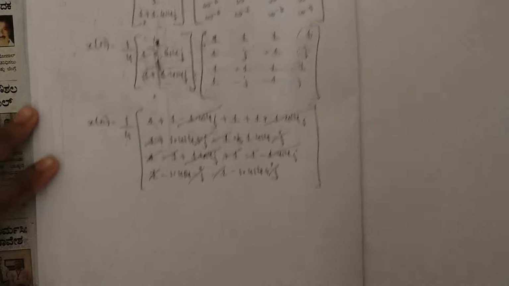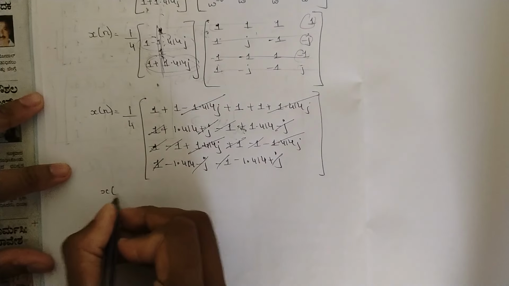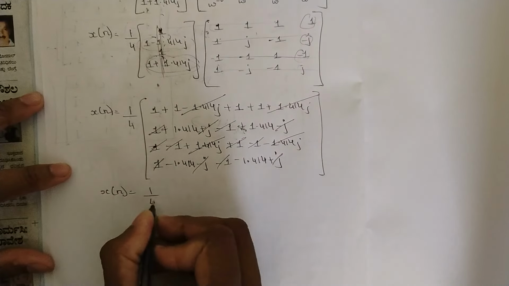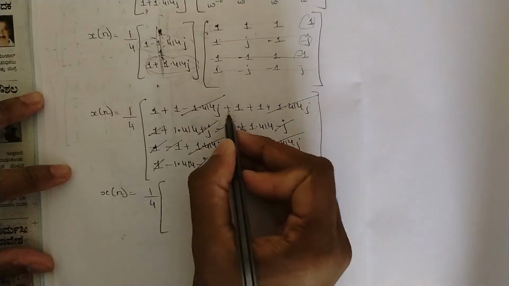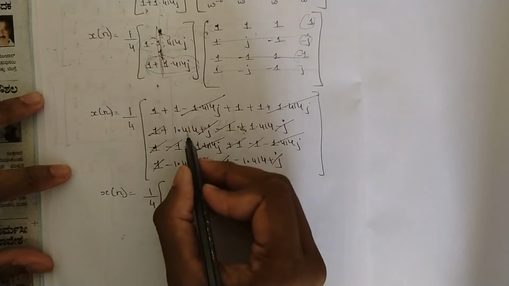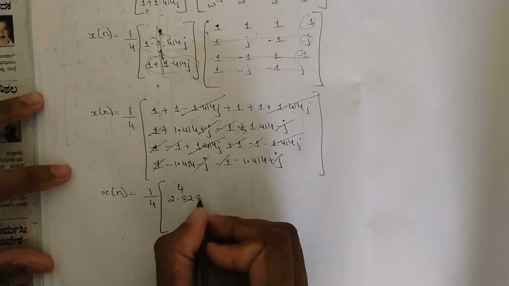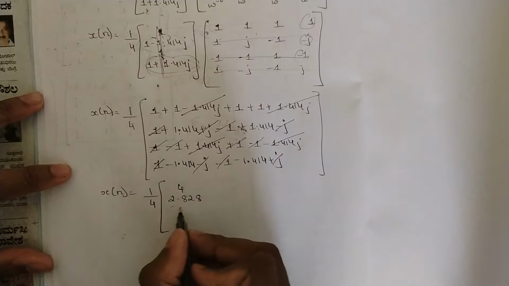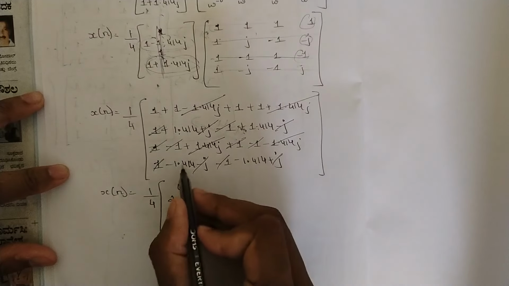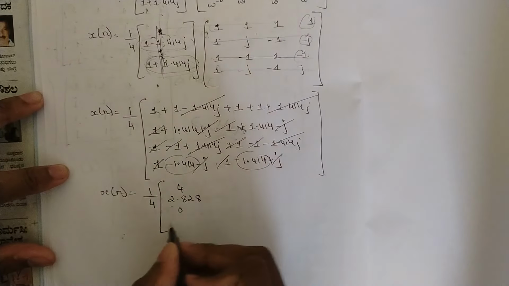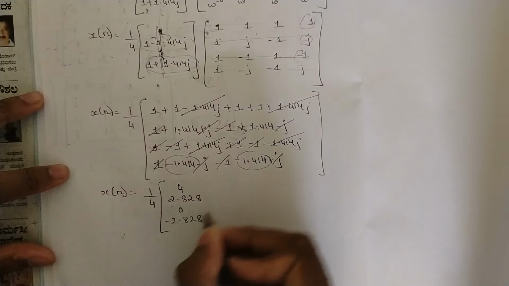Okay, so now let's write all the remaining terms. x of n is equal to 1 by 4 into 1 plus 1 plus 1 plus 1, that is 4, 1.414 plus 1.414, 2.828, then we have 0, minus 1.414 minus 1.414, that is minus 2.828.